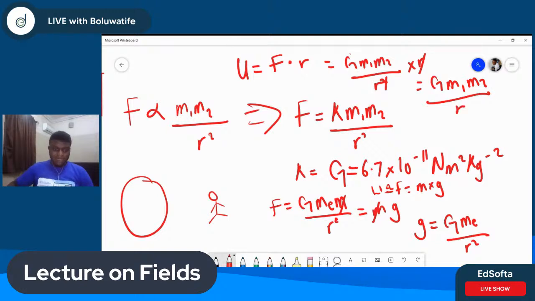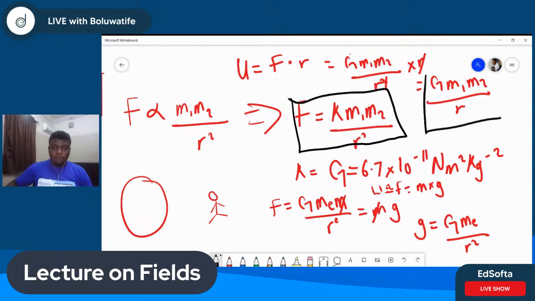Okay, so that is the formula for gravitational potential energy. So this is my formula for force, this is my formula for gravitational potential, and this is my formula for acceleration due to gravity.